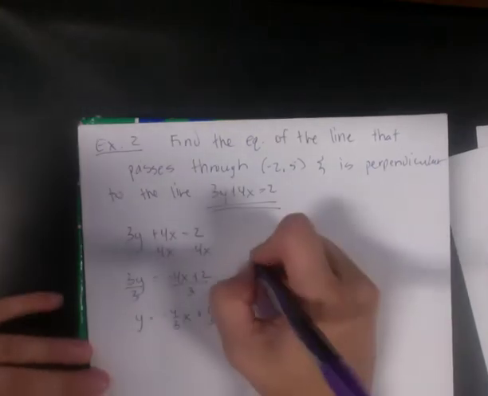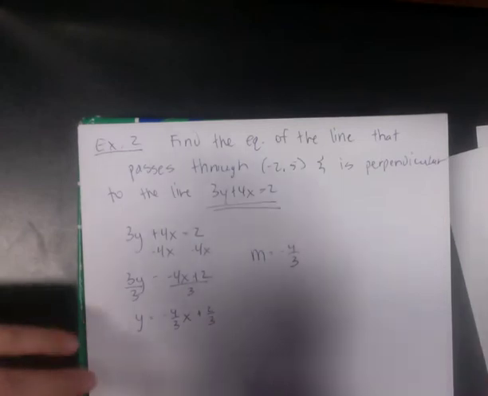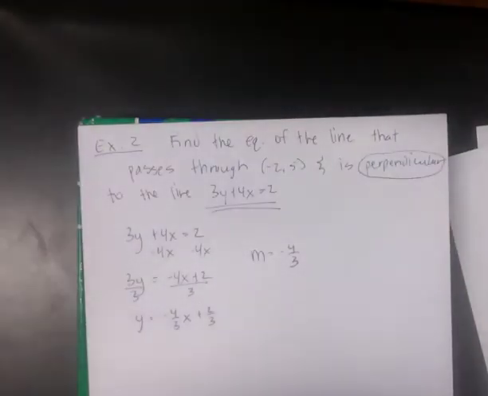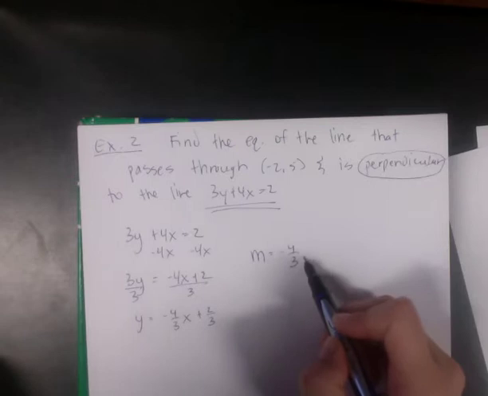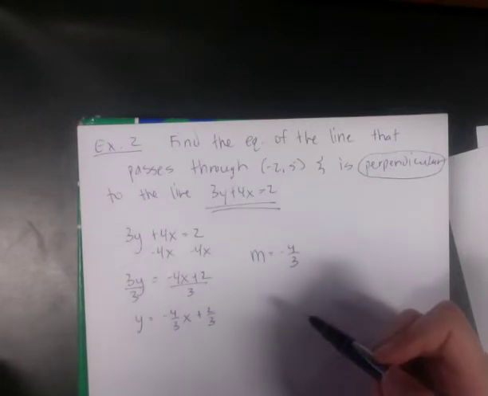Now the important thing is the slope I have found is -4/3. If we are looking for a perpendicular line, then we take the negative reciprocal of this slope. The little phrase we have is: parallel, same slope; perpendicular, negative reciprocal.